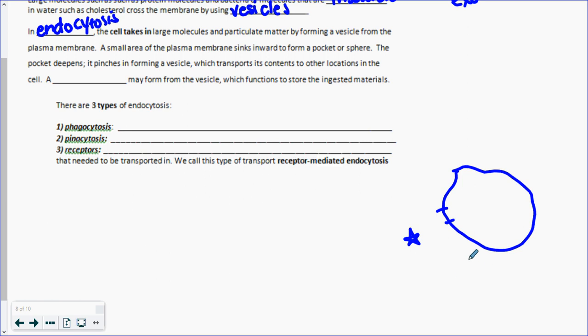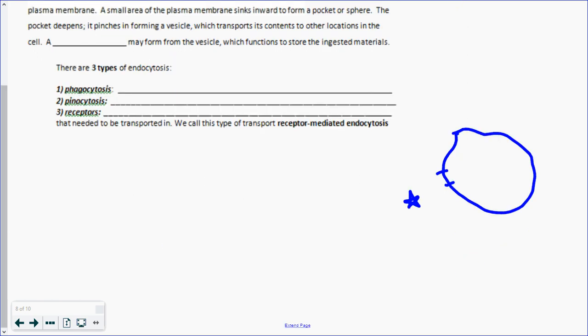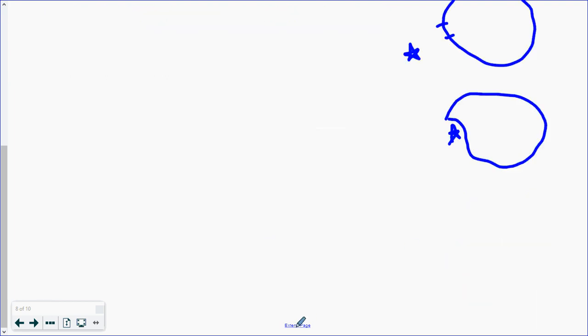So what it does, this is going to be the worst series of drawings you've ever seen, is the star will come up beside the cell, and what the cell will actually do is start to wrap its little happy cell body around the star, until eventually it can pinch off.